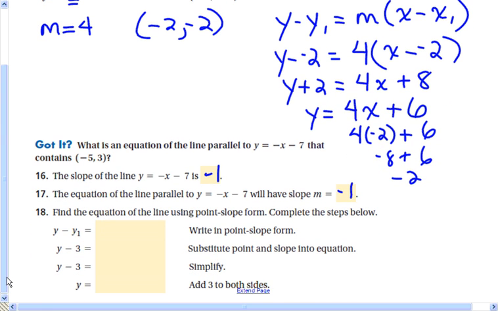Find the equation of the line using point-slope form, so that's this one. So y minus 3 equals -1 times the quantity x minus -5. That's the same as -x minus 5. And if I add 3 to both sides, I get -x minus 2. All right?